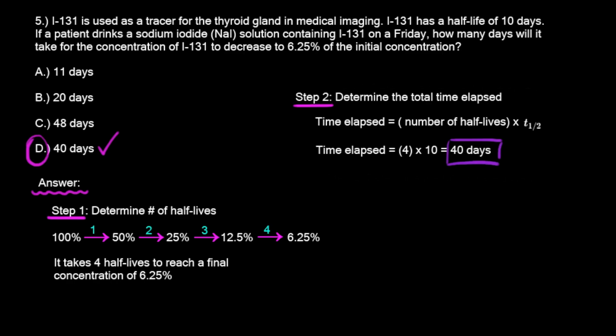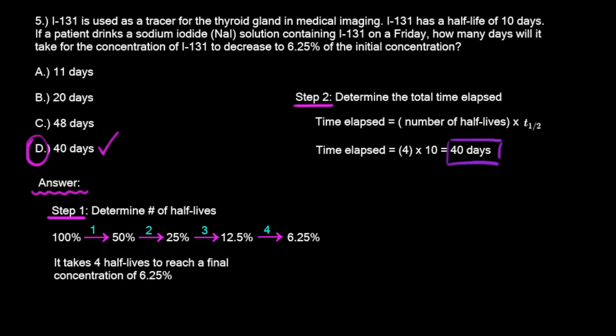Now let's answer this question. In step number 1, we need to determine the number of half-lives. Let's use our conceptual approach and the arrow diagram to help us find the answer. We are told that the final concentration of iodide solution is 6.25% of the original amount. So we start with 100%.